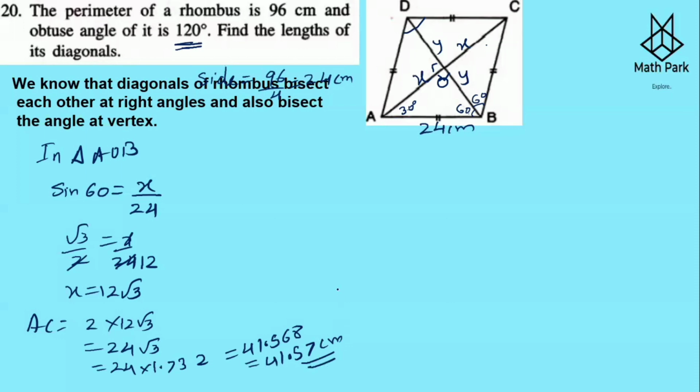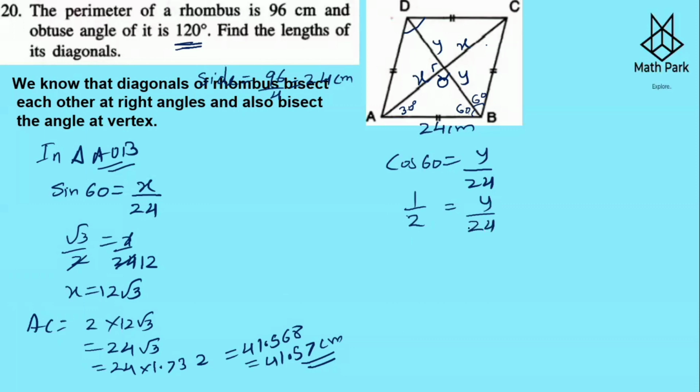So one diagonal we calculated. Now let us find the other diagonal. For that we will be considering the same triangle AOB, now with adjacent and hypotenuse. Adjacent is y, so adjacent and hypotenuse will use cos 60. Cos 60 is 1 upon 2, equal to y upon 24.